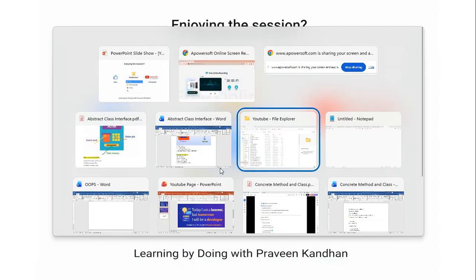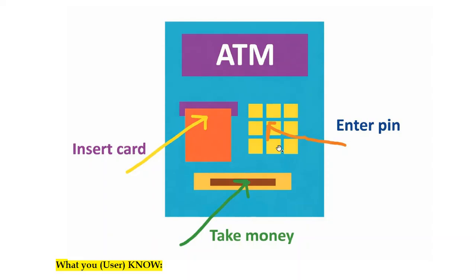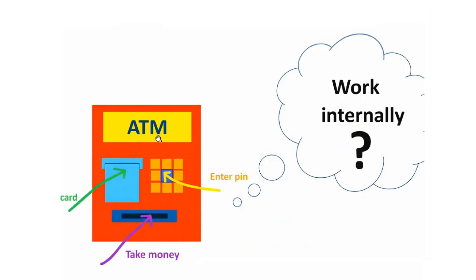Let's get started. In our previous session, we discussed what abstraction is: hiding the implementation details and showing only the functionality to the user.